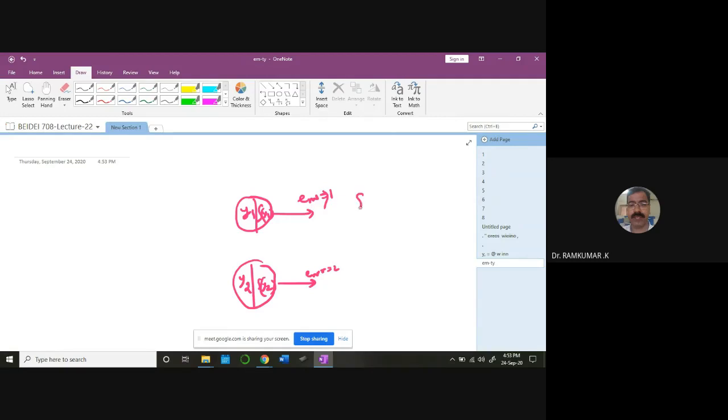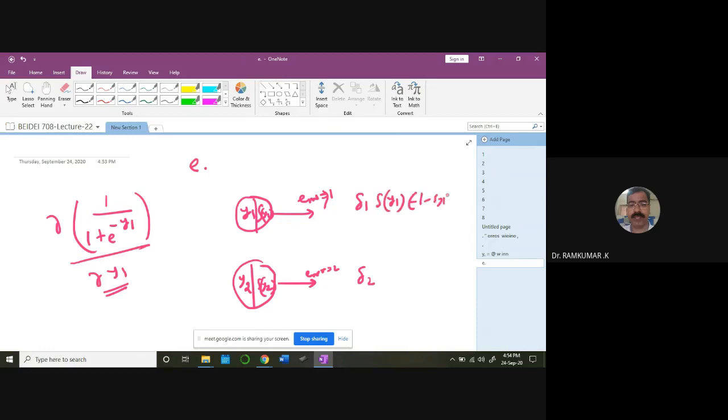Now in order to compute delta 1 and delta 2, I simply take that error and multiply it with the derivative function. This function is 1 by 1 plus exponential of minus y1, and I find its derivative, which is nothing but s of y1 into 1 minus s of y1.